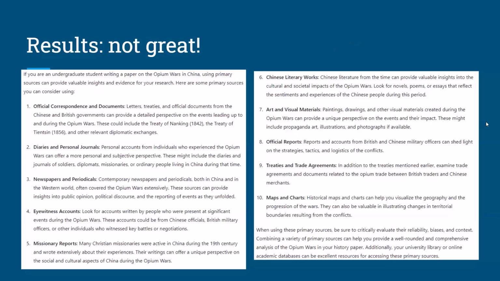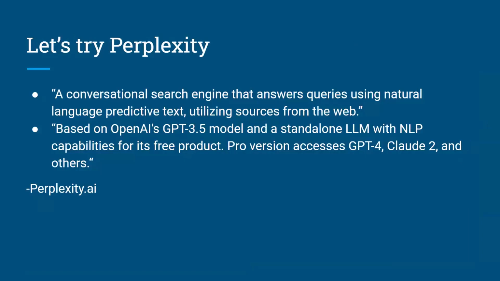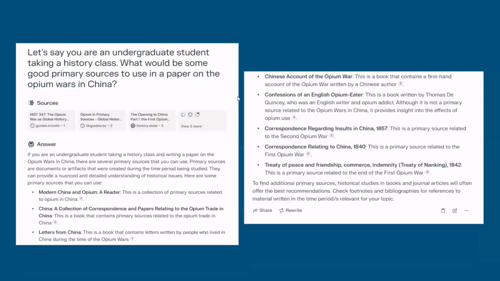So then I decided to give Perplexity a try. Perplexity calls itself a conversational search engine that answers queries using natural language predictive text, utilizing sources from the web. So it's basically an alternative search engine that summarizes results and links to sources. So I did the same prompt, and here are some screenshots of the answer that I got.